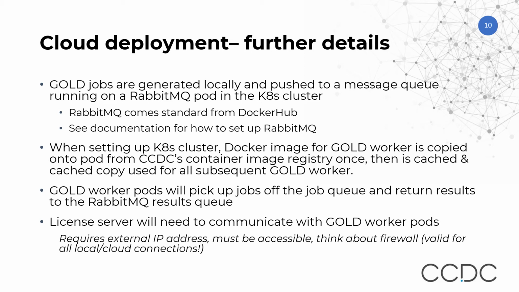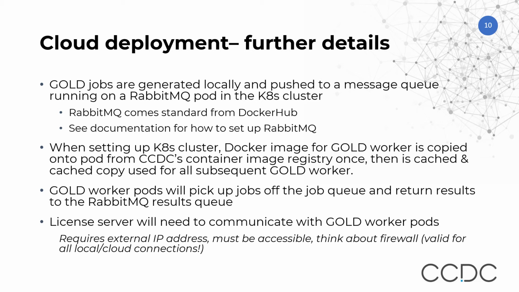When you are setting up a Kubernetes cluster, the gold image for the gold worker is copied onto pod from CCDC's container image registry once, and then it's cached, and the cached copy is used for all subsequent gold worker pods. At that point, gold worker pods will be picking up jobs off the job queue and return the results to the RabbitMQ results queue.